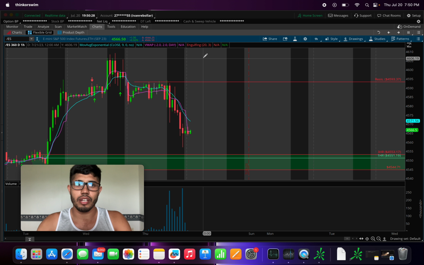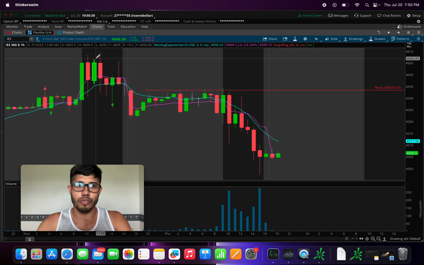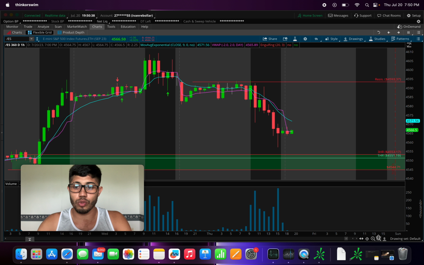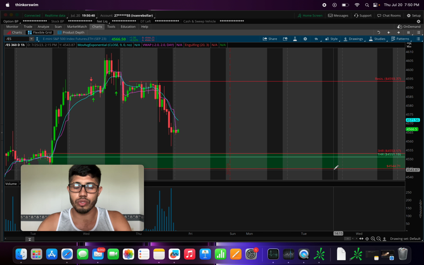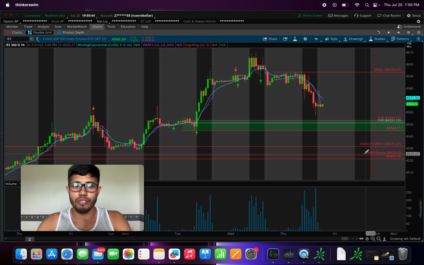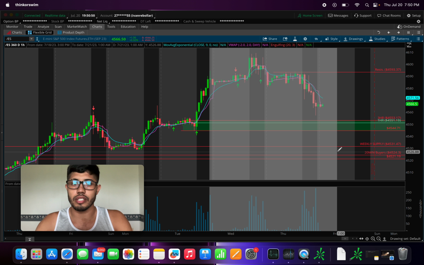If we break that, we'll end up testing 46.06. Those are my thoughts. But if we break through the demand zone, my zone at 45.44, we can head back down to the 45.24 demand zone as well. So it's pretty interesting for ES for tomorrow actually, guys.